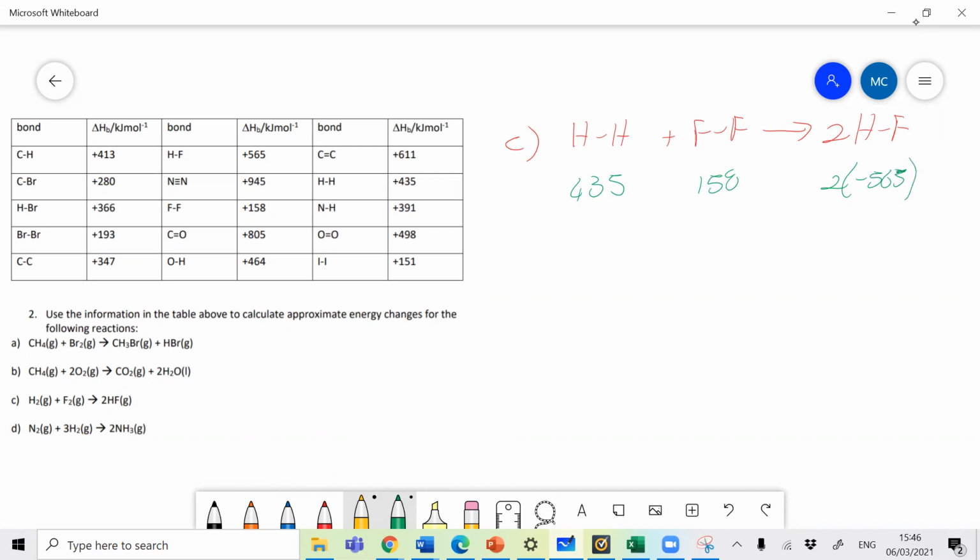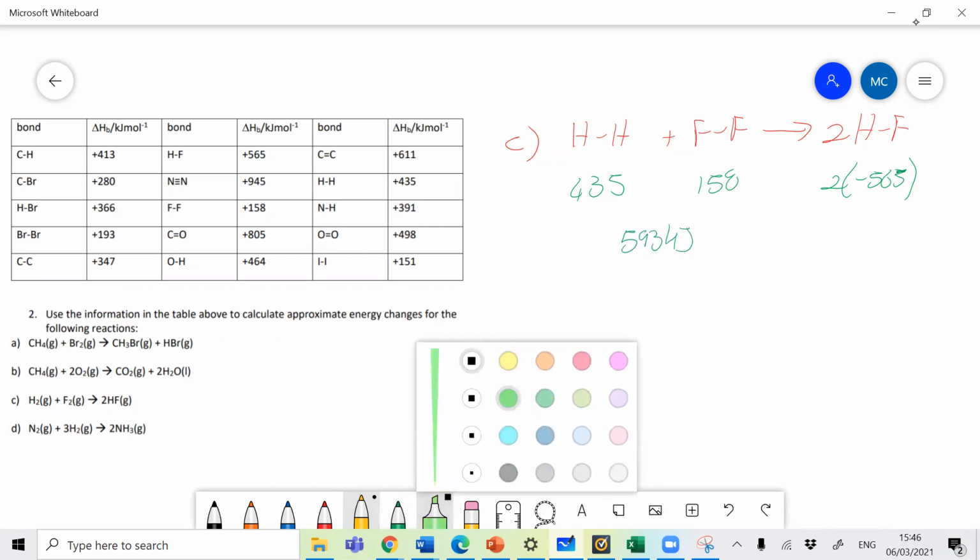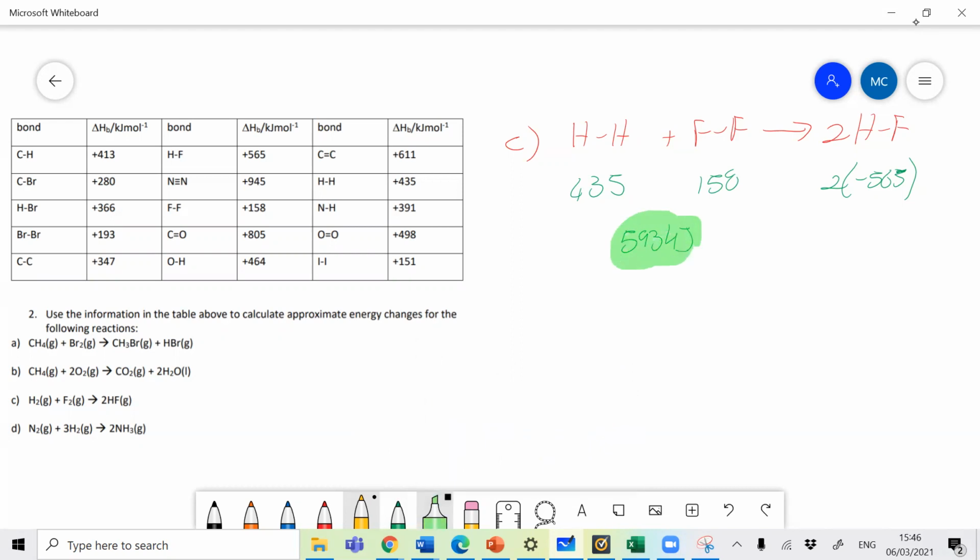In this situation, we can immediately work out the endothermic for the bond breaking. This is going to be a total of 593 kilojoules. Okay. And for the exothermic, for the bond making, is going to be minus 1130 kilojoules.